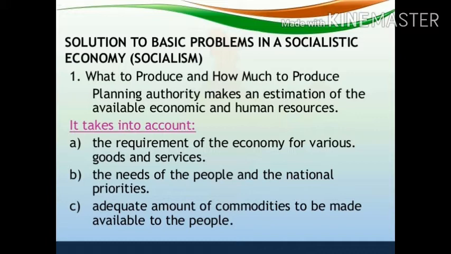It takes into account the requirement of the economy for various goods and services, the needs of the people, and the national priorities, which is needed first according to the need of the nation, and the third is adequate amount of commodities to be made available to the people.